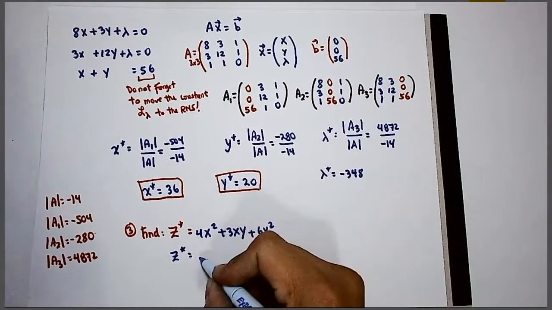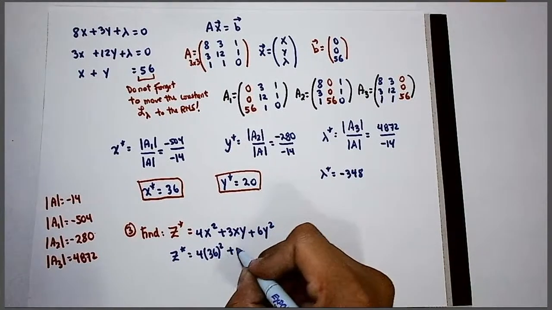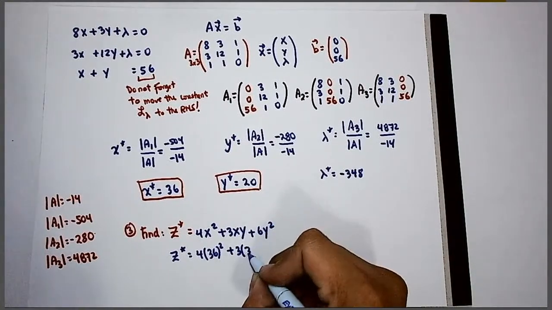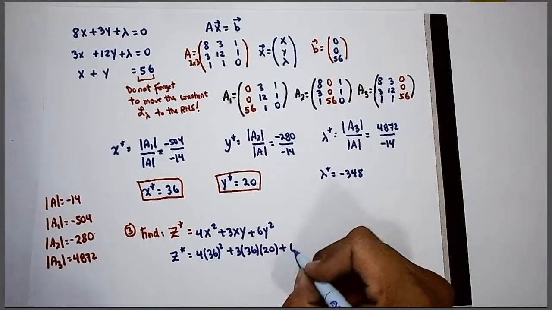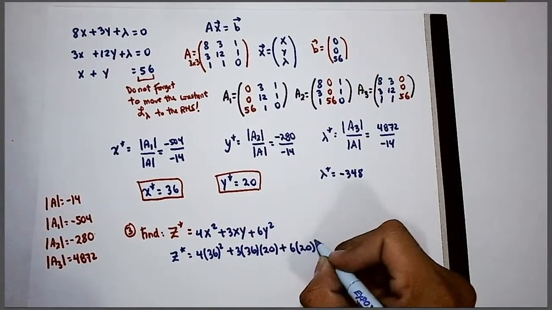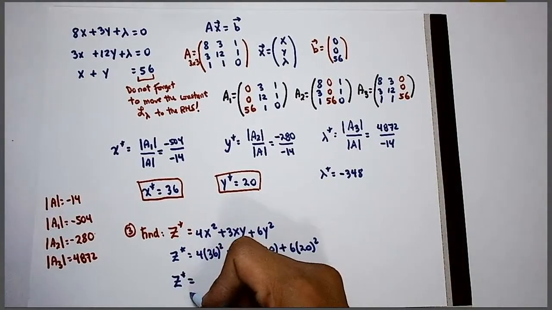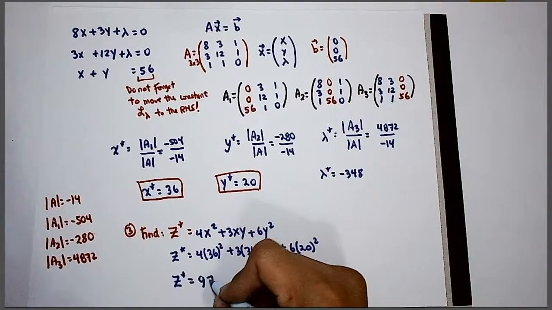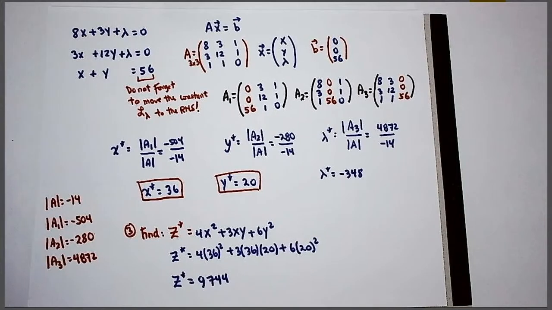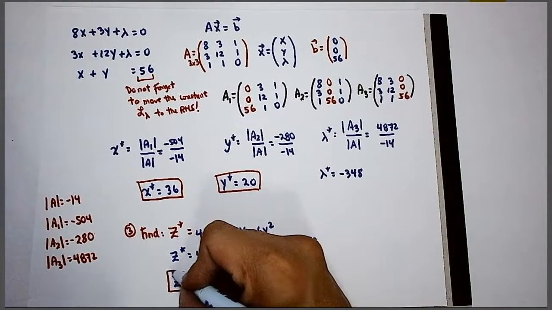So this is 4 times 36 squared plus 3 times 36 times 20 plus 6 times 20 squared. The optimal value of z is 9,744. So this is the optimal value for the objective.